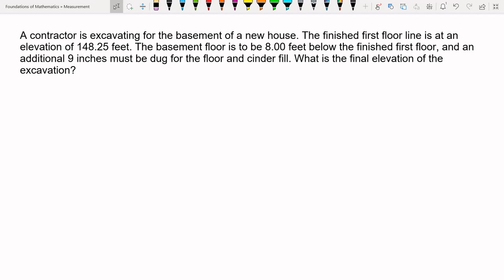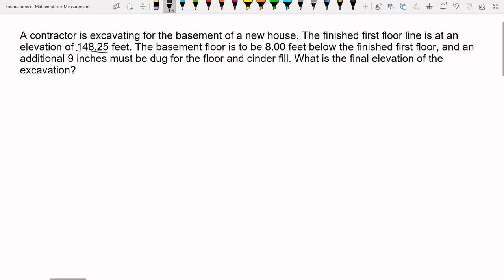Okay, for this one we have a contractor excavating a basement. The finished floor is at an elevation of 148.25 feet. The basement floor is 8 feet below this, and then an additional 9 inches must be dug out for the floor and the cinder fill. What is the final elevation of excavation?